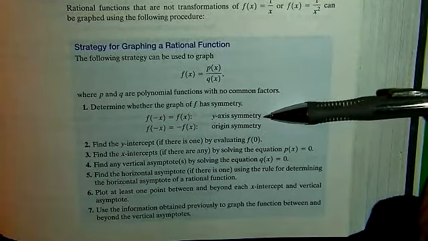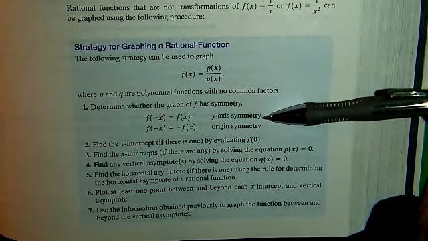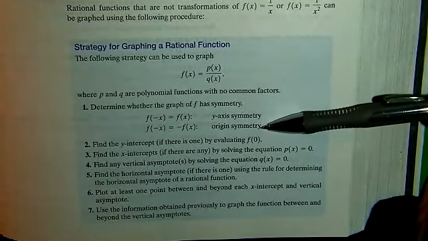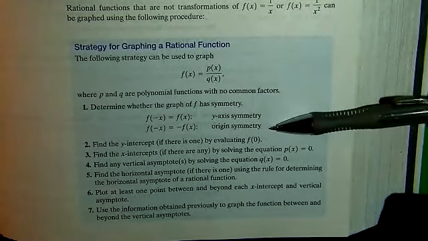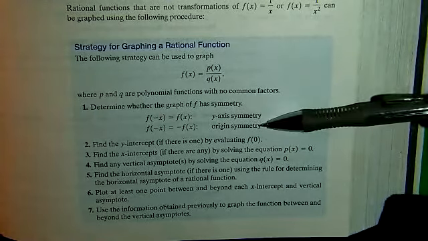So y-axis symmetry really means it's an even function. And then origin symmetry, this is an odd function, so is the function even or odd? And that tells us something about what the graph looks like.